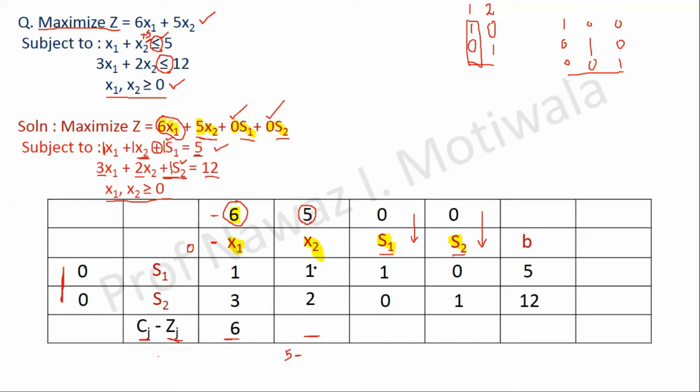As I am computing Zj for this particular column, I will multiply 0 by 1, so I get 0. Then I will multiply 0 by 2, again I get 0. Adding this, 0 plus 0, I get 0. So 5 minus 0 comes out to be 5. So I will write down 5 here.